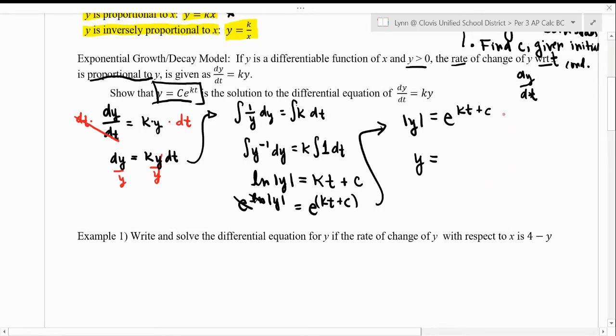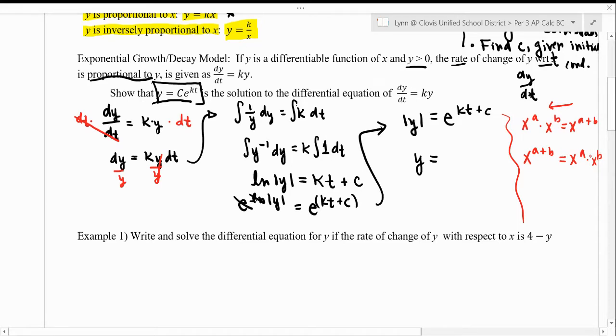So just off to the side here, I know that when I have a common base, so if I have x to the a and x to the b and I'm multiplying, I would add those powers, right? That's what I know. So we're going to use this property, but we're going to use it going the reverse way. So if I have a sum or even a difference, but I'm going to use the sum version, I can split that apart and say that that's the same as x to the a times x to the b.